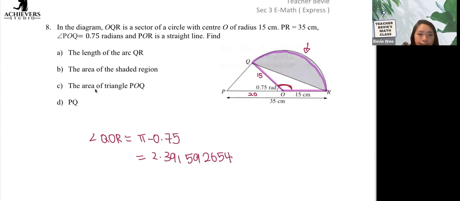Rian, why so big? Length of arc QR is just R theta only, my dear. Your R is 15, your theta is 2.391592654. You pressed again. Did you get 43 still?